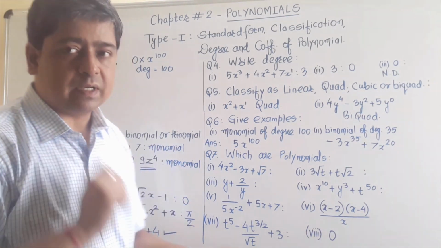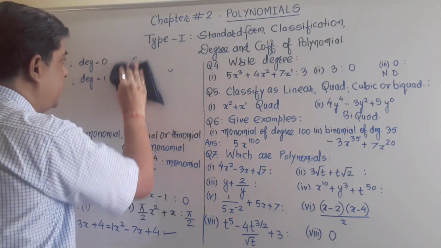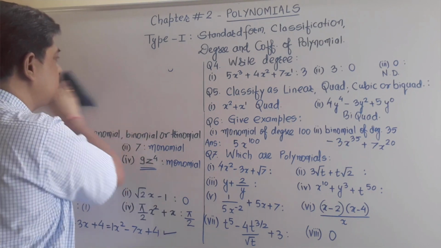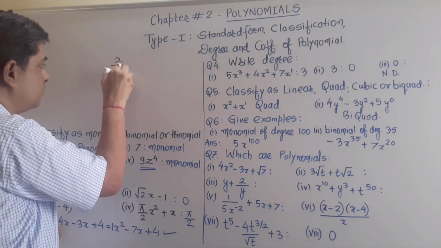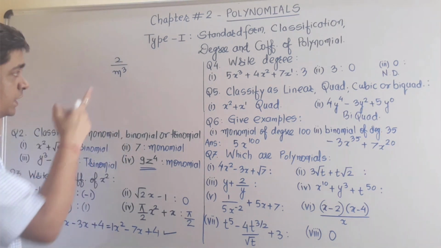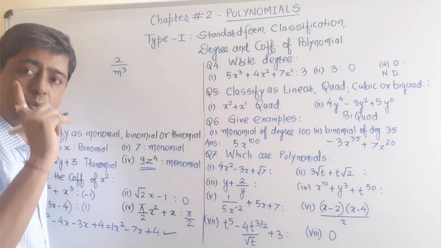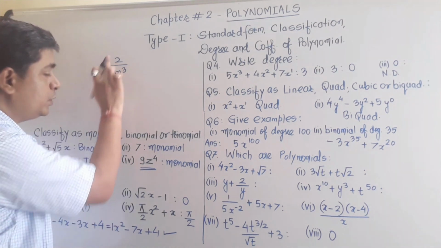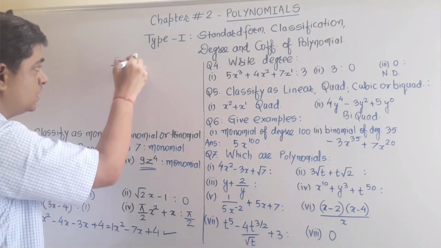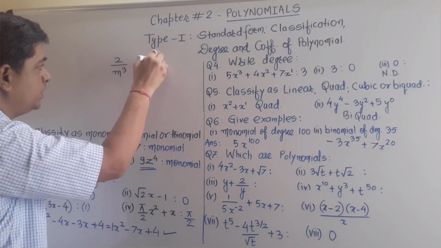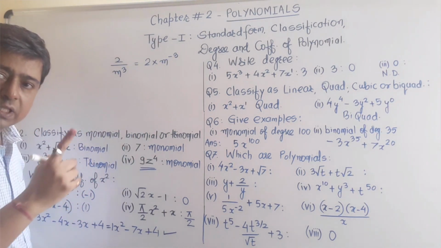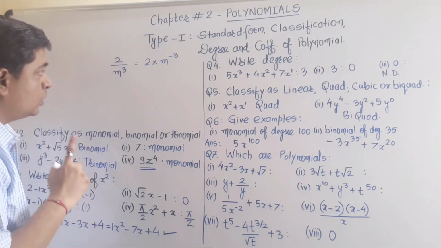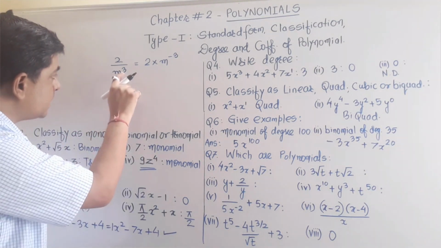For example, suppose one term is given here, 2 upon m cube. This m cube I need to bring to the place of numerator. So I can write 2 into m to the power minus 3. So you can bring the term to the place of numerator. There is no problem, only the sign of the power you have to change.